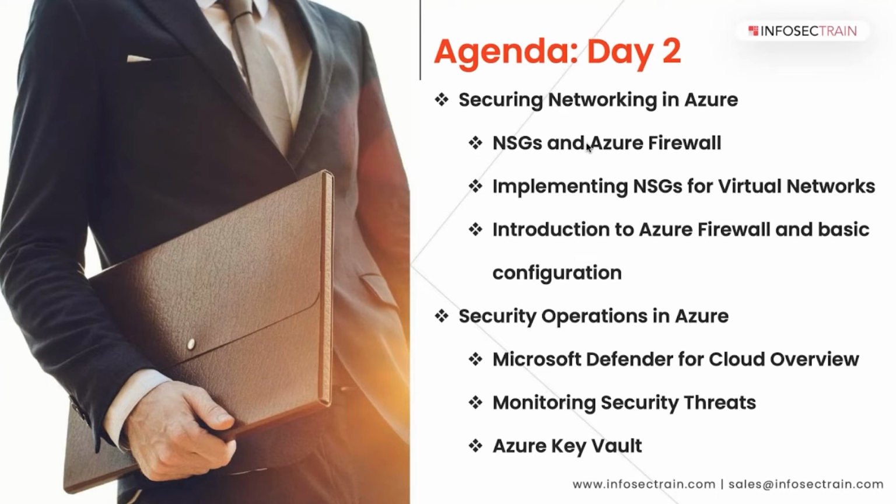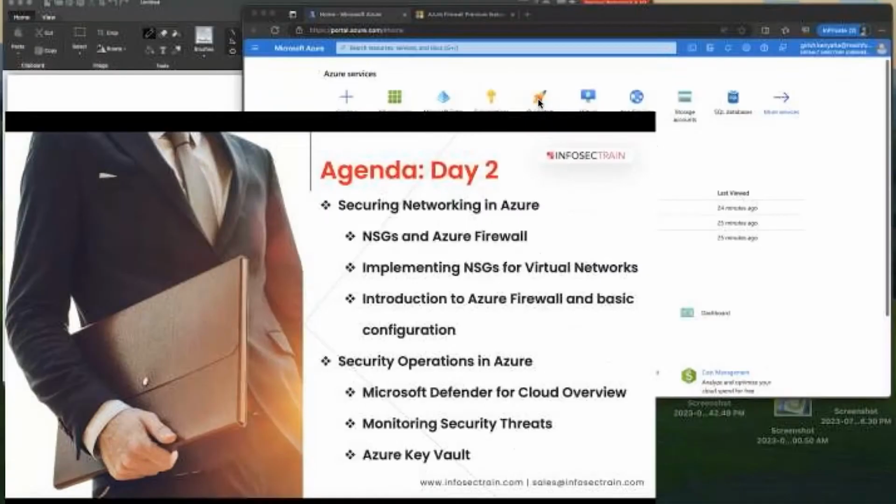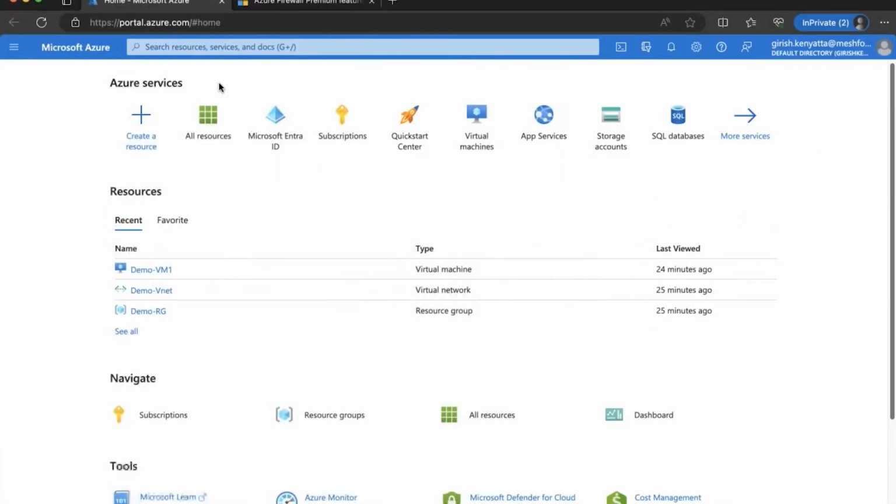So first of all, we will be jumping into the portal, and I will be showing you that resource. I will be deploying a very simple thing, which is a virtual machine.